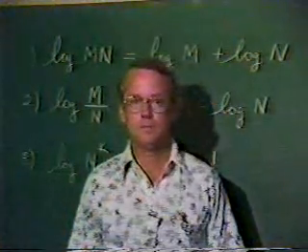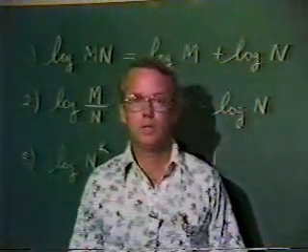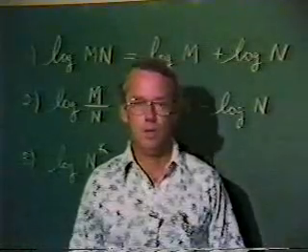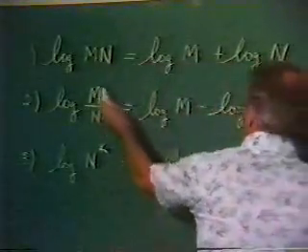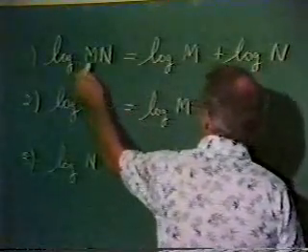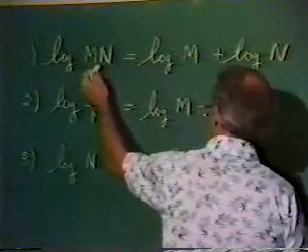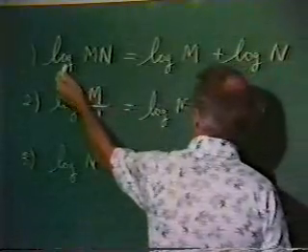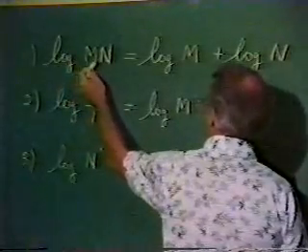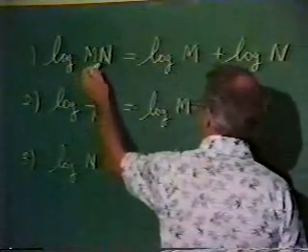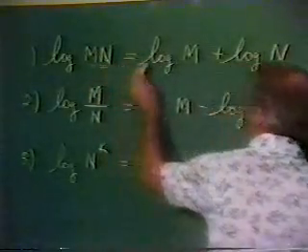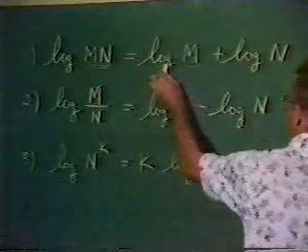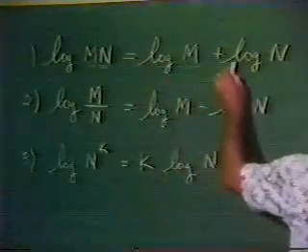This portion of the tape is dealing with the 3 laws of logarithms. So let's look at those. The first law says that the log of a product, now don't get too wrapped up with the m and n, the log of a product, some object times some object, is equal to the log of m plus the log of n.